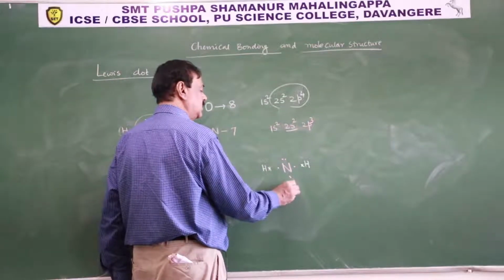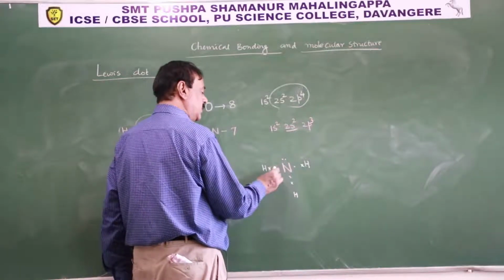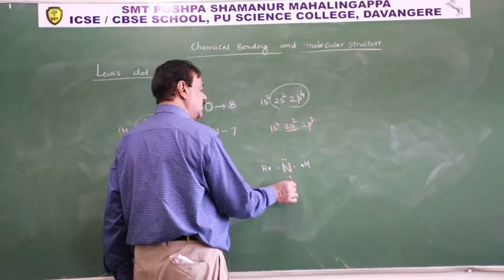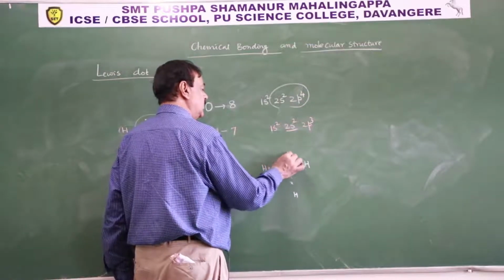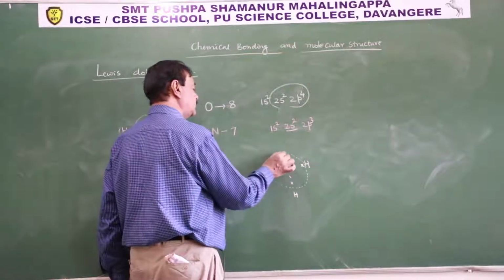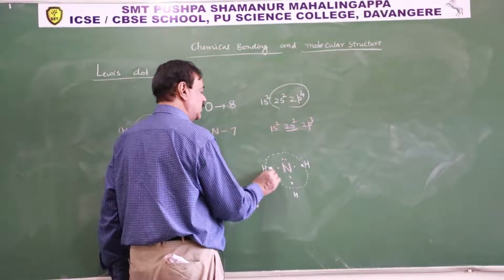Here hydrogen has 1 electron. What about the total number of electrons? 1, 2, 3, 4, 5, 6, 7, 8. Count the number of electrons here: 8 electrons.